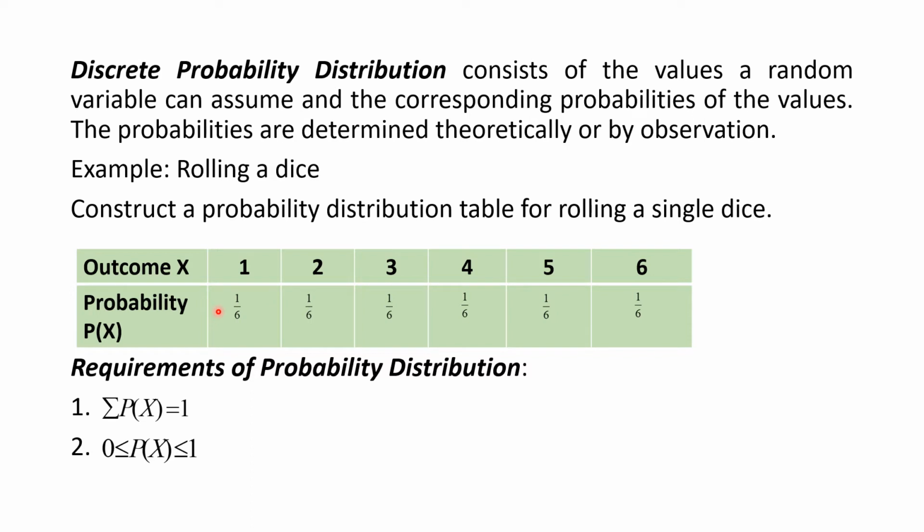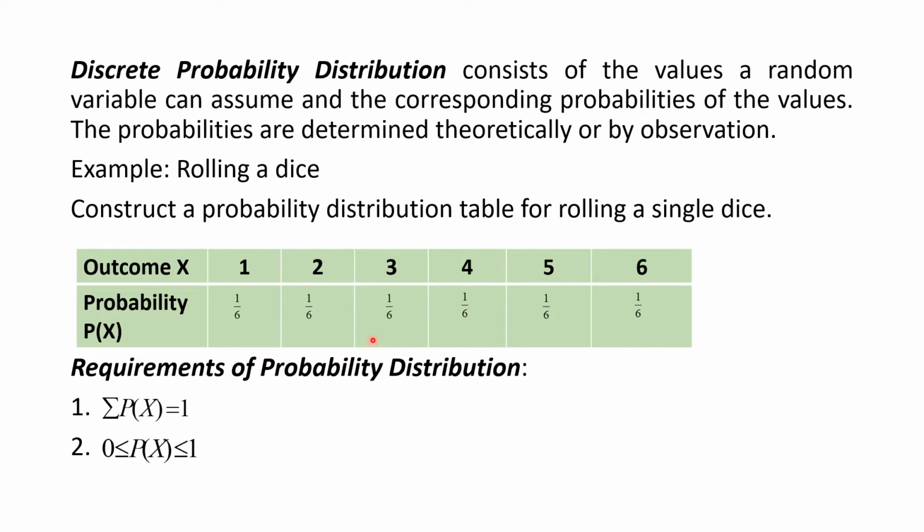The probability of getting each number, or each side of the dice which turns up, is 1 over 6 for each of them. So the sum of it is actually 1 if you observe the distribution table. The requirement of a probability distribution is that the sum of probabilities is 1. So 1 over 6 times 6 is 6 over 6, which equals 1.